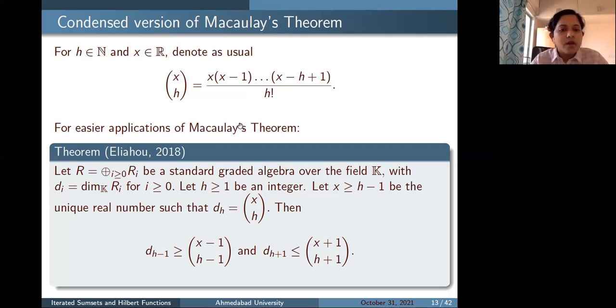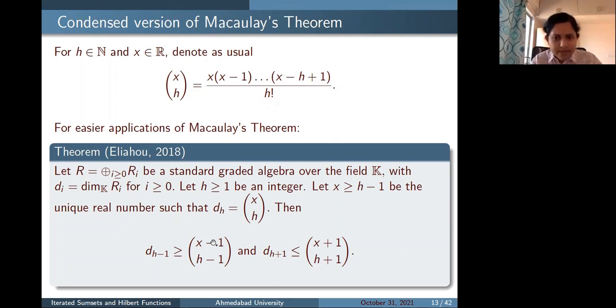Now in 2018, Shalom Eliahou proved that if we have a standard graded algebra R whose Hilbert function is d_i, then there is a unique real number x greater than or equal to h minus 1 such that d_h is equal to binomial (x choose h).